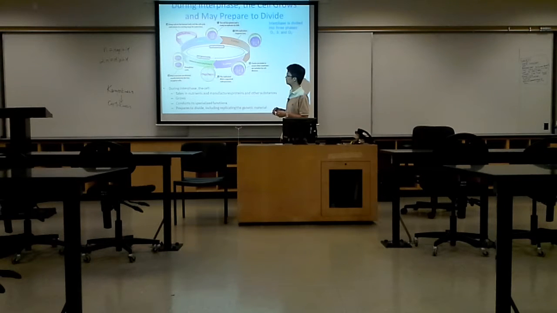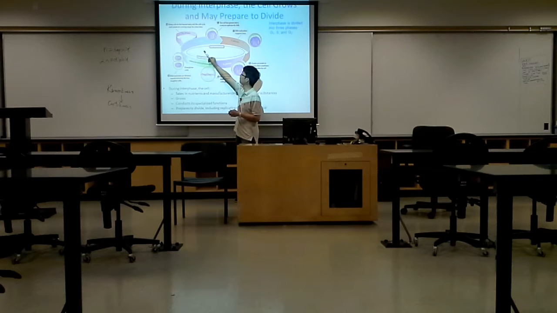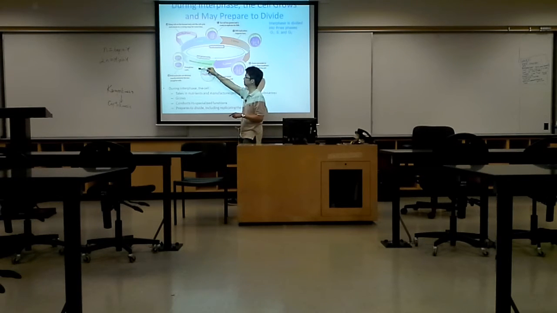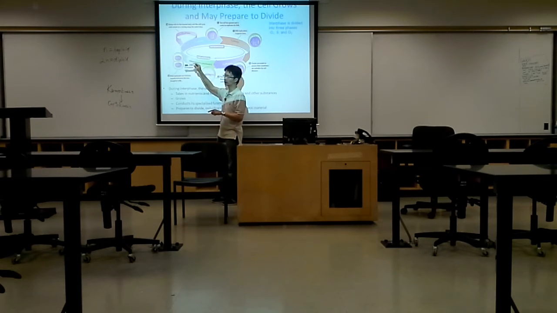I want to bring to your attention that during G1 phase, you see only one piece of chromosome. Then during S phase, you have two pieces of chromosome joined together. And then G2, and then after cell division, the chromosome becomes a single piece.